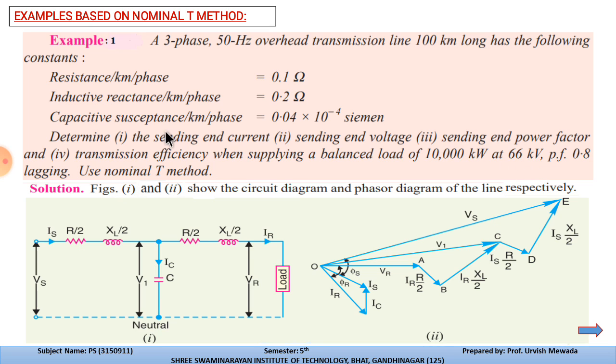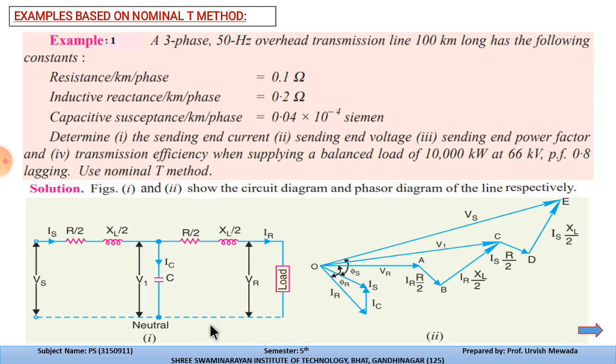We are using the nominal T method, so it is indicated to use the nominal T method. This is what will be given in your exam, which method you should apply for the calculation of this example. So read it carefully whenever such an example is given, and apply that method accordingly to find the solution of the given example.